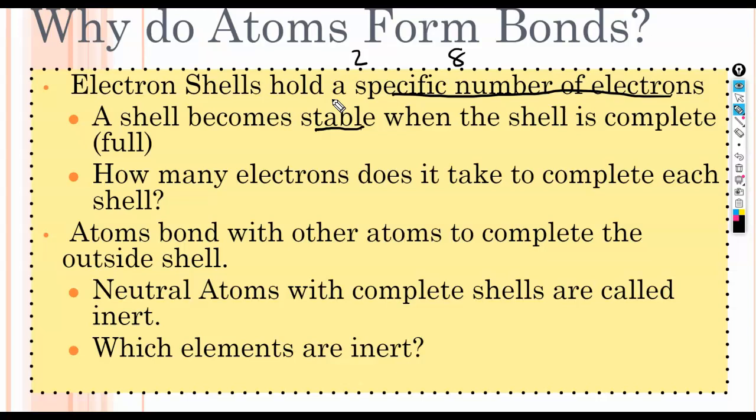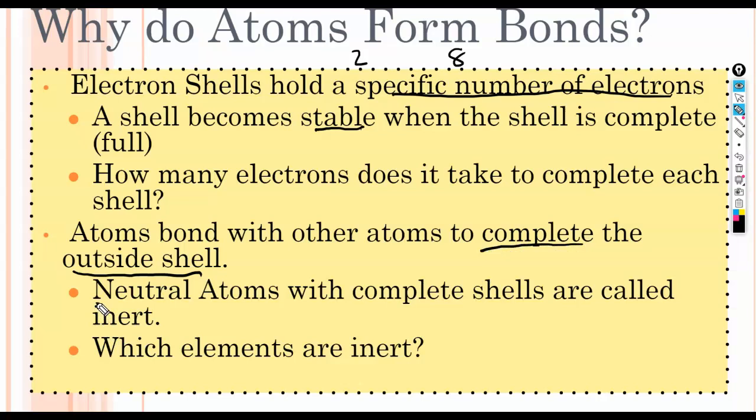Atoms are the most happy when they have their shell filled with electrons. Again, that's 2 electrons for the inner shell, but for the outer shells, usually it's 8 electrons. The reason that atoms bond together is in order to fill their shells and get a complete shell. They want to be complete.